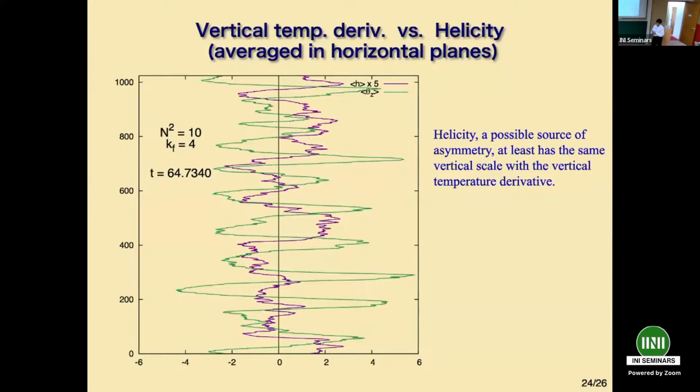Good. I'm not saying that helicity is a source, but we don't know which is cause and which is effect. Anyway, they are correlated, but we don't know whether it's a source or effect yet.